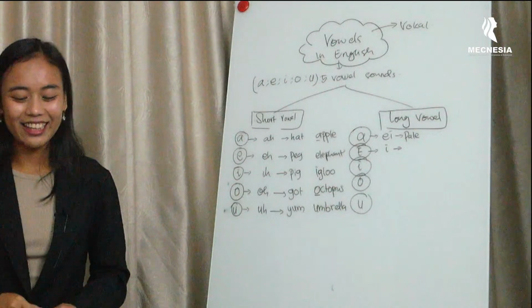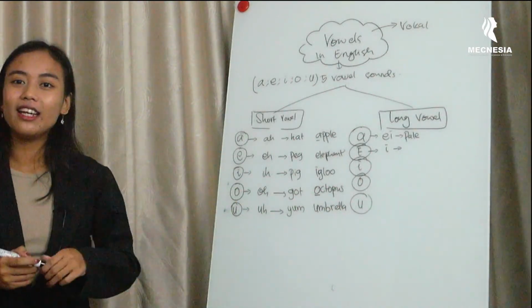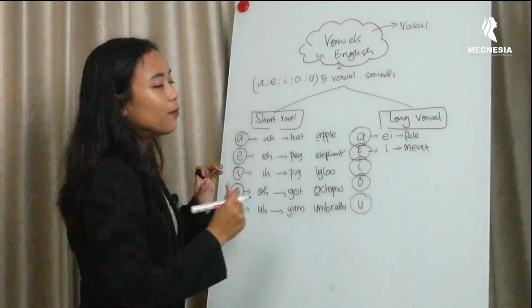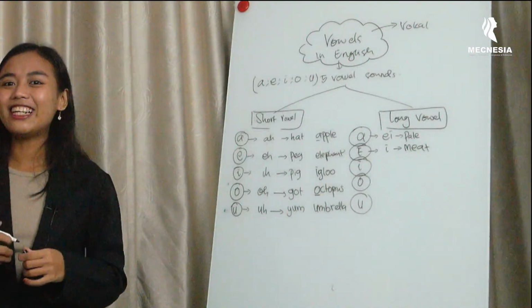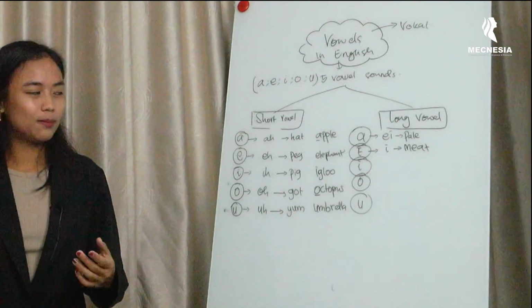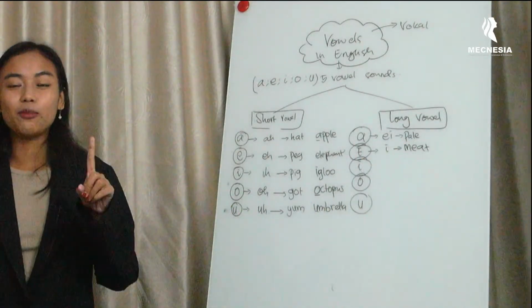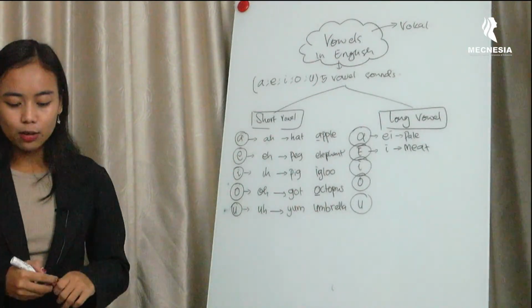E. Okay, so we can find this sound. Jadi bunyi ini ditemukan di kata meat. Let's say it together. Meat. Okay, meat means daging. Jadi arti kata meat itu adalah daging. Kalau pale tadi pucat.